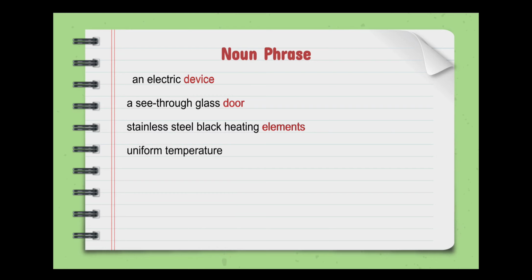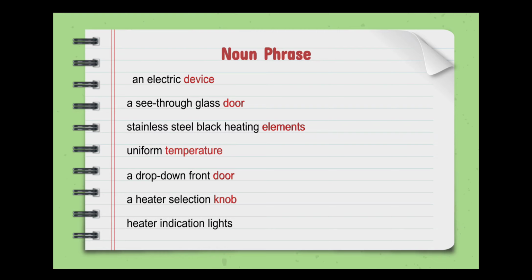Uniform temperature. A drop-down front door. A heater selection knob. Heater indication lights. A very useful device in the kitchen. Over here, the head noun is device. In the kitchen is also describing where this particular device is.